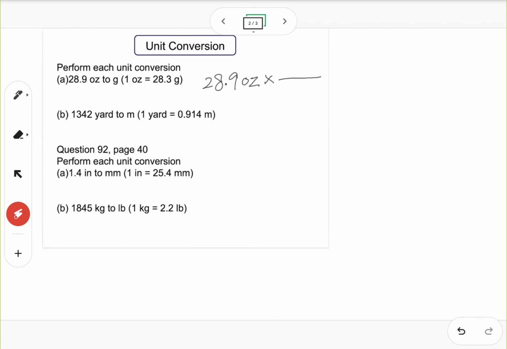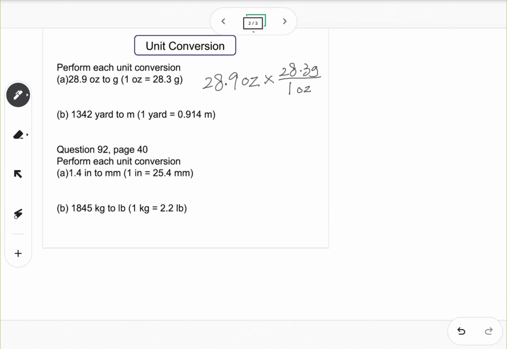Okay, so the target unit is right here, so you should keep the 28.3 gram on top. The unit you want to cancel, you want to remove, you want to get rid of, should be at the bottom. In this case, 1 ounce should be at the bottom because we want to cancel the ounce.